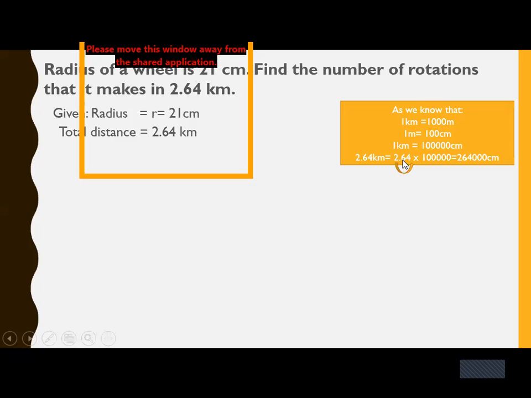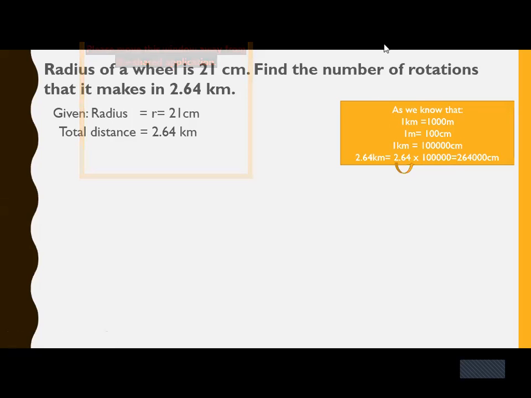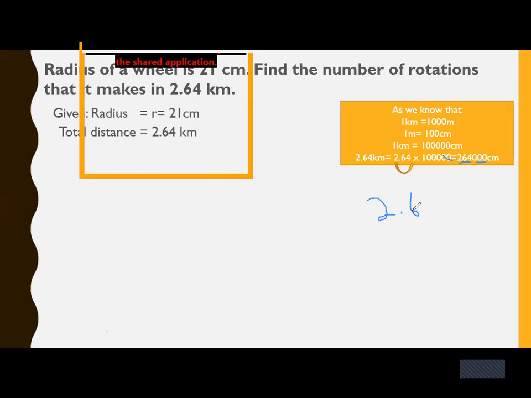When we move the decimal point two places, it becomes 264, and two zeros will be cancelled. Now three zeros are left, so we can write 264 with three zeros. 2.64 is written, and this is 1 with 5 zeros.